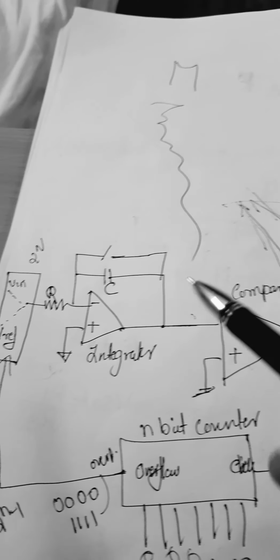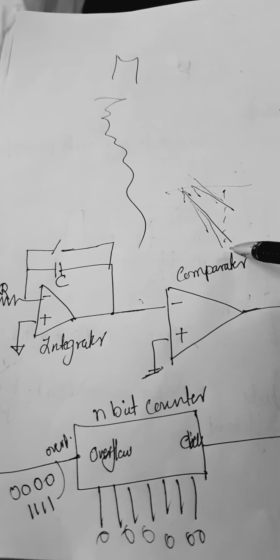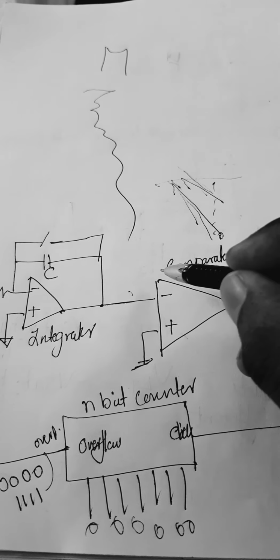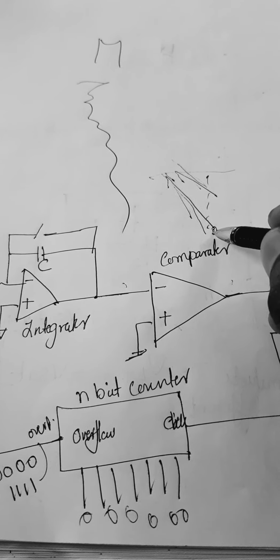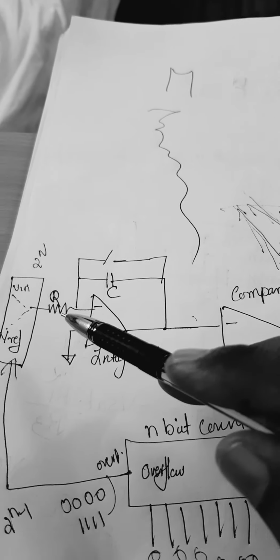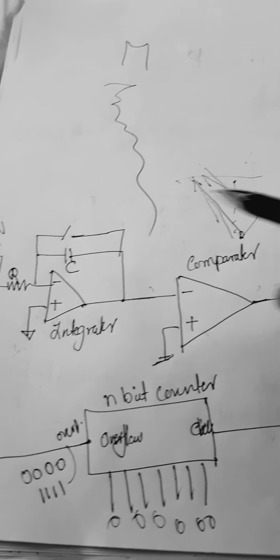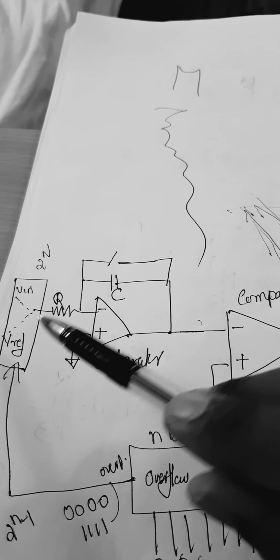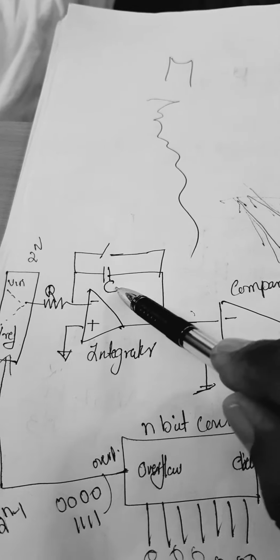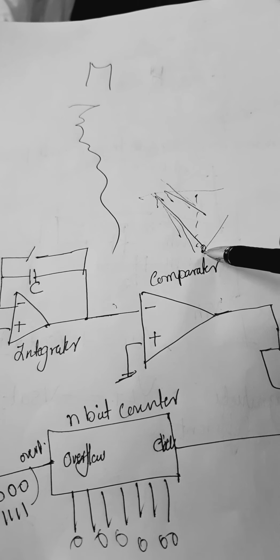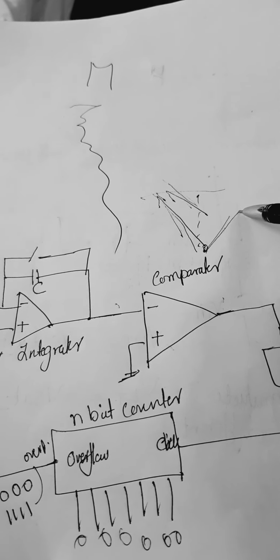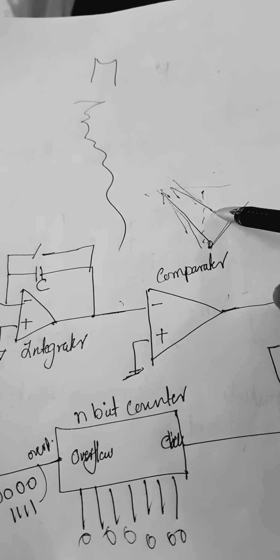Now the output of the comparator is a very negative value. From there the output of the integrator integrates in the positive direction, because here it is minus V reference. V reference is constant and R and C are constant, so the slope is constant, and the time depends upon the depth.